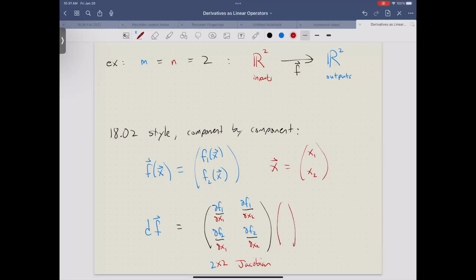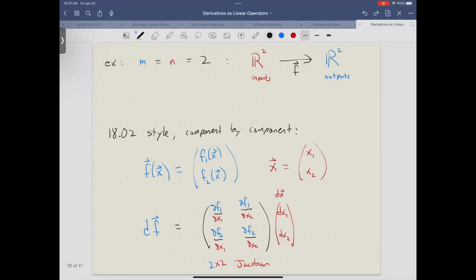And then if we multiply this by any change, so you change the input by any vector dx in any direction, so this is our dx, you can see that it works out, right? I don't know if I really want to write this out, but if we multiply rows times columns, you get df1, dx1. Well, let me do it actually.